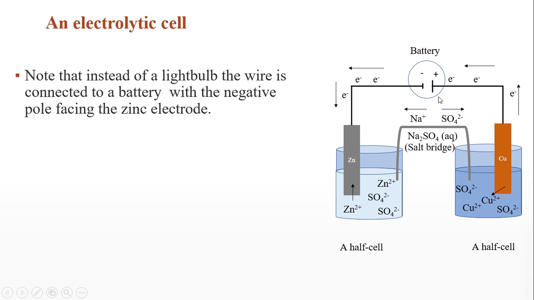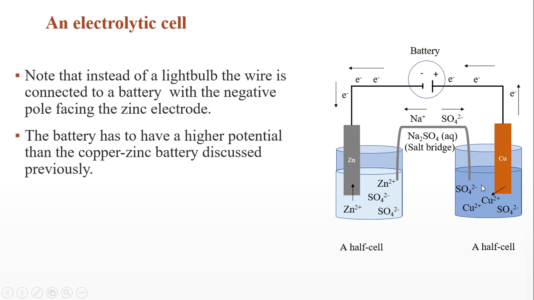Here now we've replaced the light bulb with a battery stronger than the one of zinc and copper. By stronger I mean that it has to have a higher potential than the zinc copper battery. So when we put a battery up here with a stronger potential, and we put the negative sign towards zinc, something interesting happens.